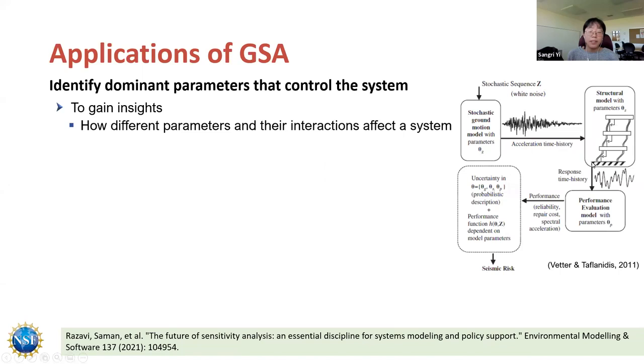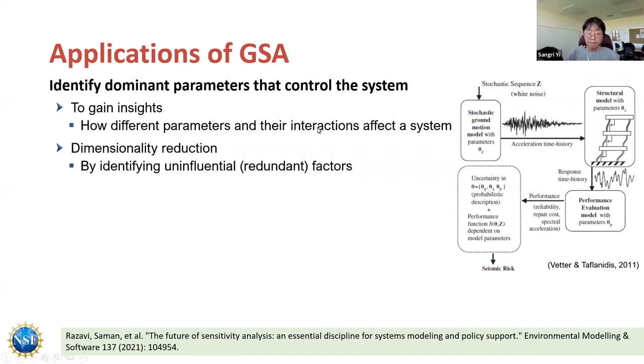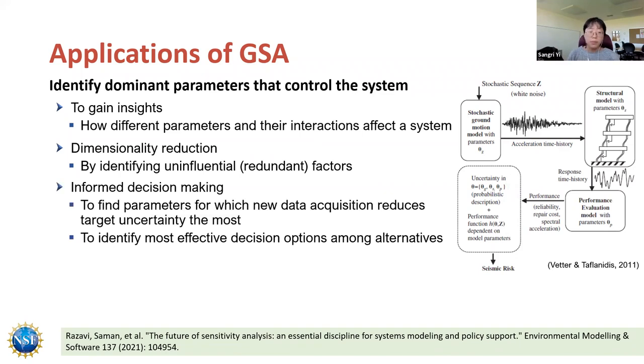And then there will be some parameters that really do not contribute to the response of the model. In that case, it naturally leads to dimensionality reduction. So if you detect uninfluential factors or maybe redundant factors, you may want to exclude them or set them as some nominal deterministic value for the future analysis because they really do not affect the response.